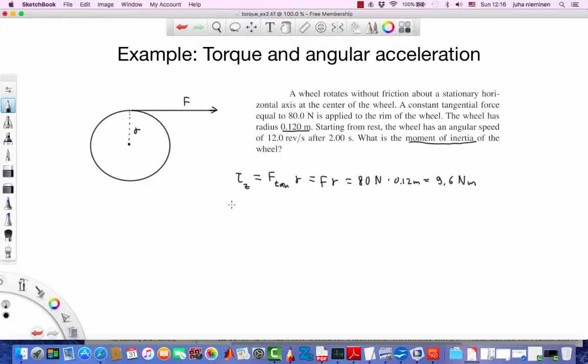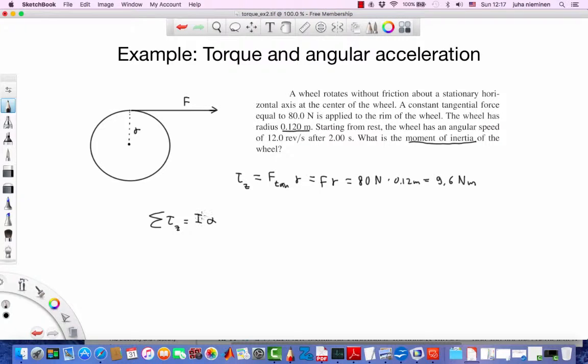And what can we learn from that? So eventually we want to get our hands on the moment of inertia, and that is of course involved in this relationship which relates the net torque acting on the wheel and its angular acceleration, alpha.